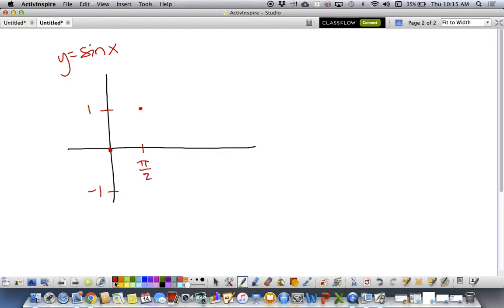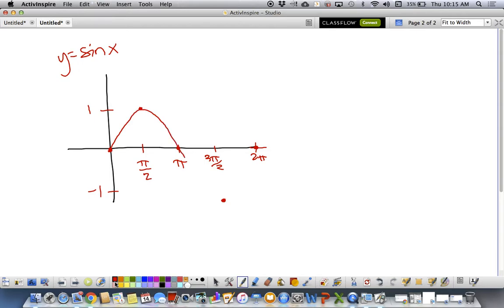Pi over 2. I'm making an assumption that you remember this. Then we go to pi, where you're at 0. Then 3 pi over 2 is negative 1. And then 2 pi is back at 0.